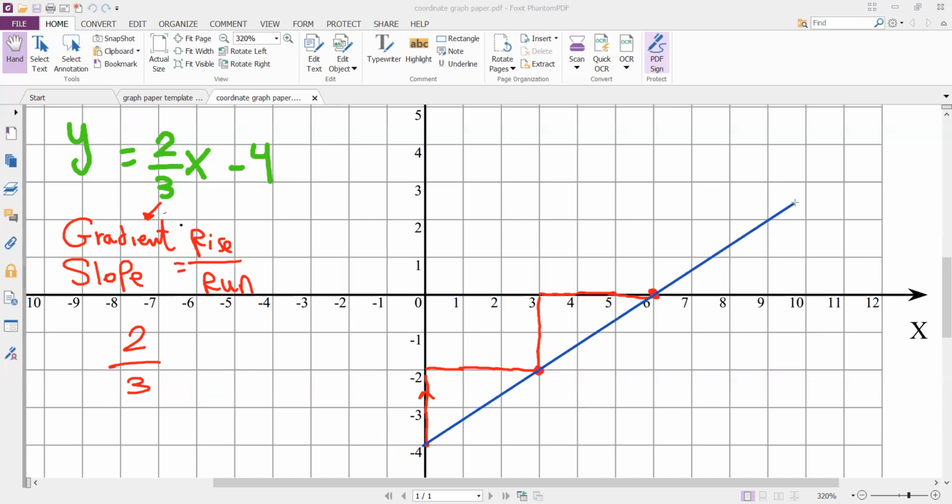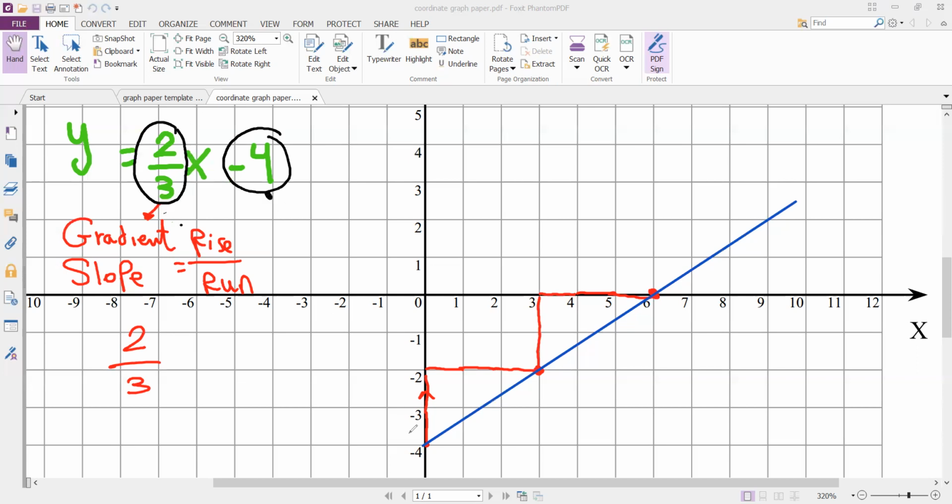I have graphed the line by using the information here. We have two pieces of information: the y-intercept, which here is -4, and the gradient, which is 2/3.